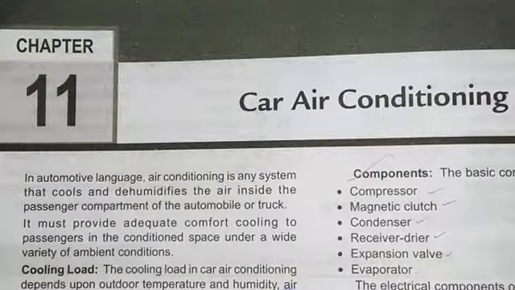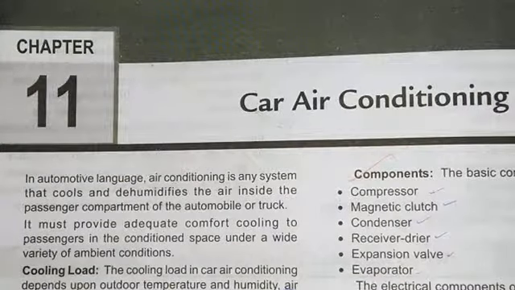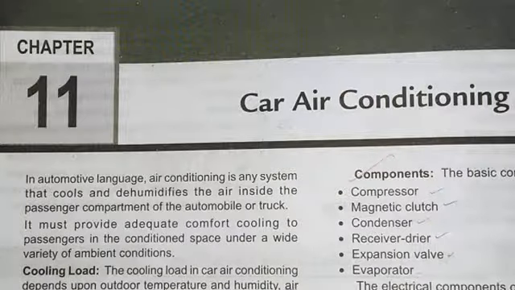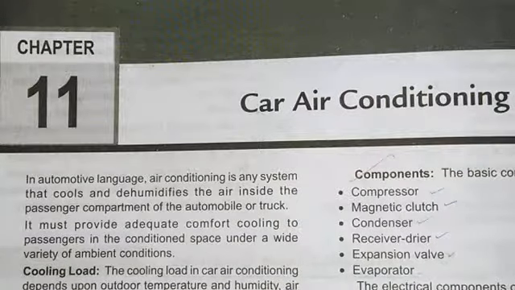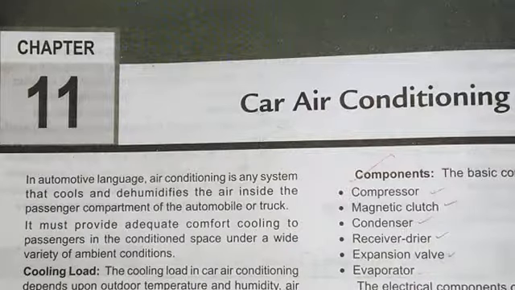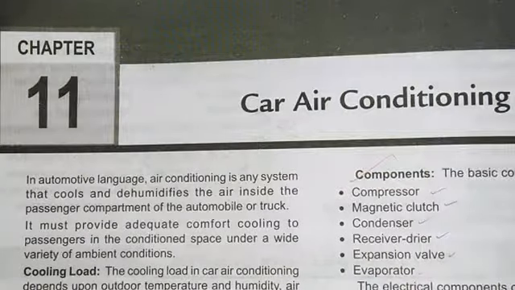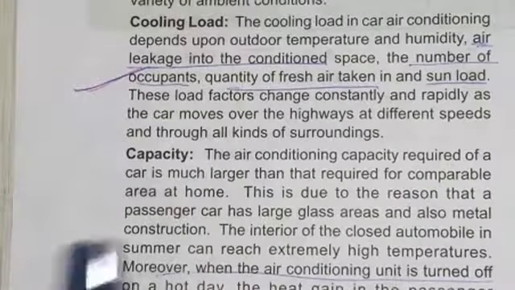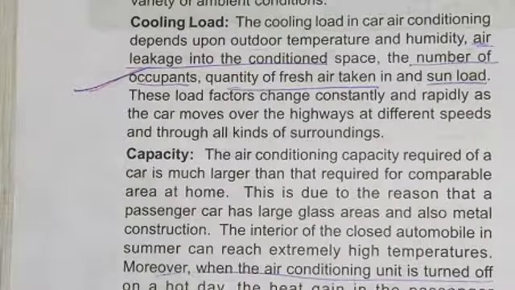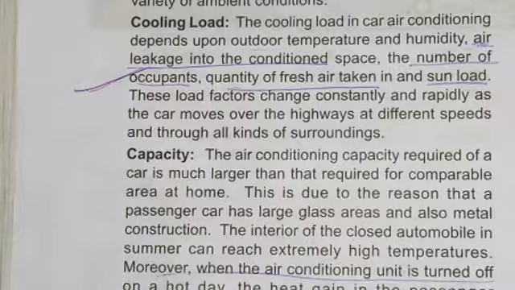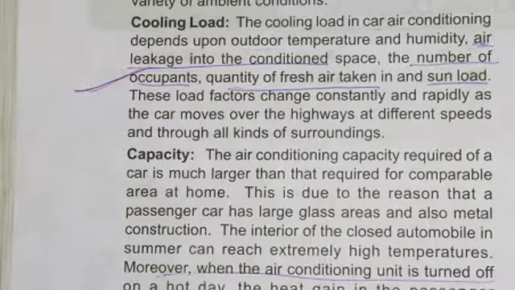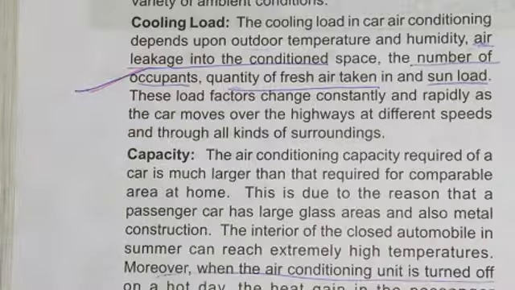Now let's discuss car air conditioning. Every detail is the same as we have seen in the split and window air conditioner. Everything is here in the car air conditioner. But in the case of a car air conditioner, you have to use more capacity, because in a car you can see there are different types of load.